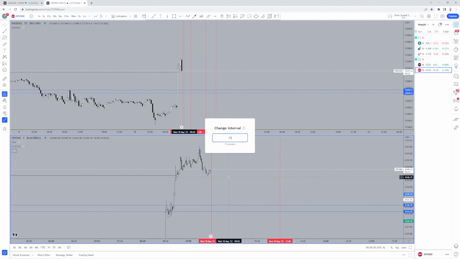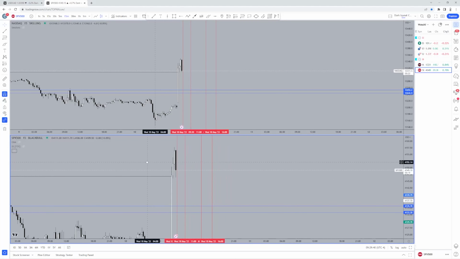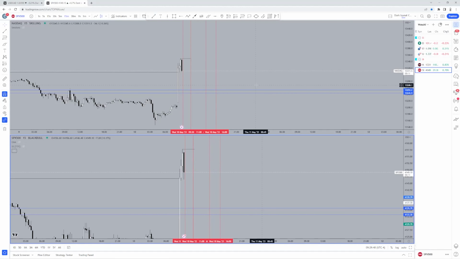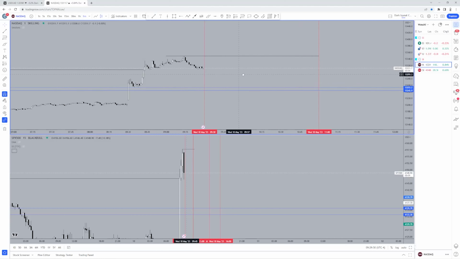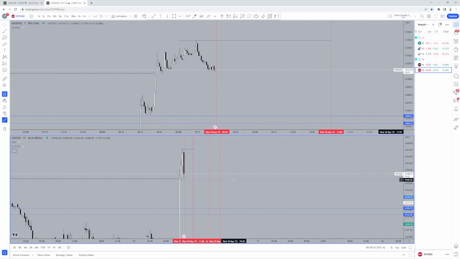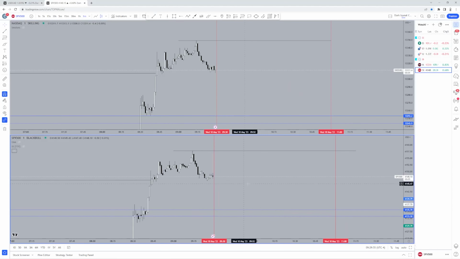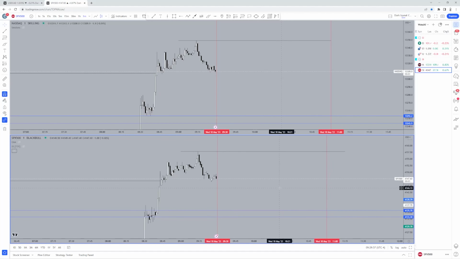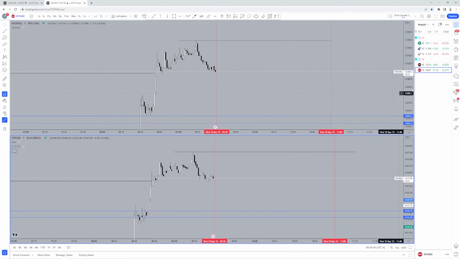Here we grabbed liquidity on both. We see some form of retracement. I will note down the highs. If we don't find anything, we will go ahead and check out the afternoon session. We will not try to force a trade, as I did yesterday actually. I shouldn't have entered this trade.